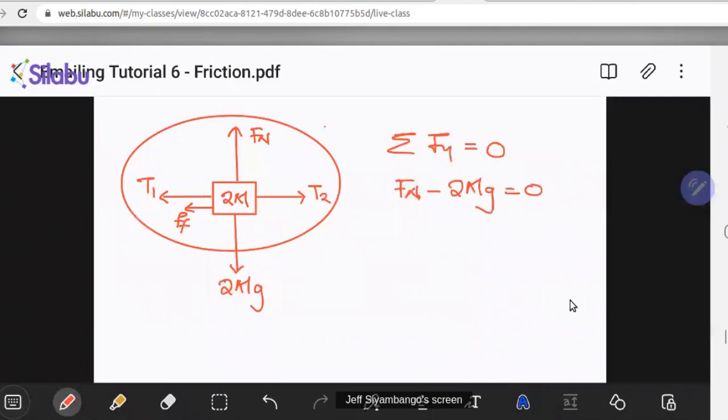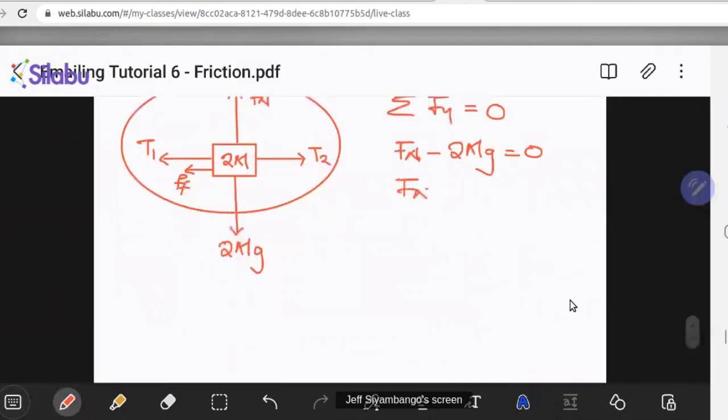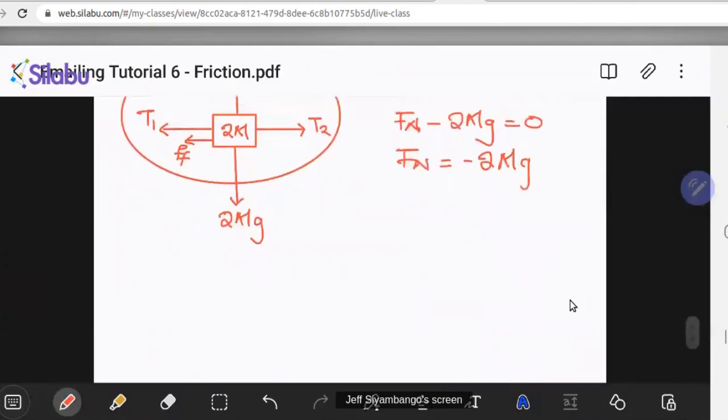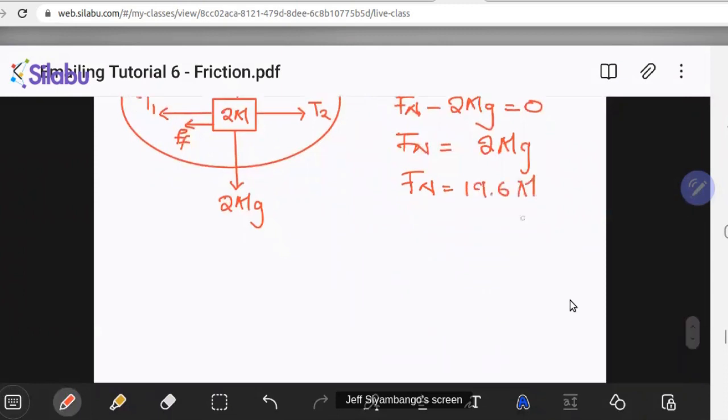So Fn will be equal to 2mg, positive as it goes the other side. In the end, Fn becomes equal to 2 times g. G is 9.8, so it becomes 19.6 m. So this becomes the expression for the normal force.